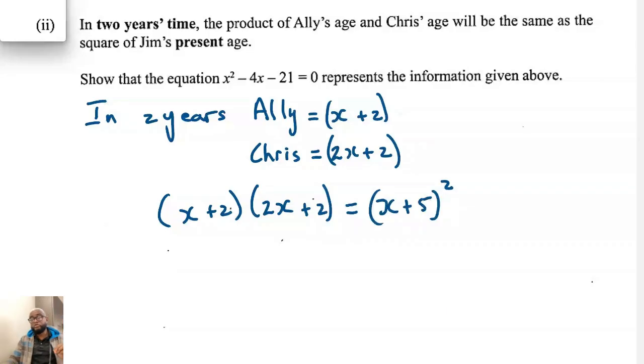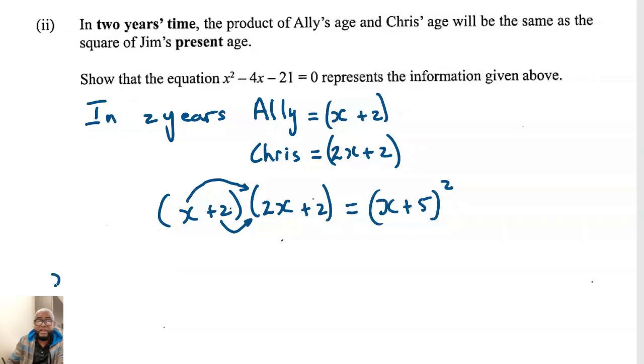So watch it, there are two expansions going on here. I'm going to write this over. Let me do them separately because it might be a lot of working in one. This will be x multiplied by that whole bracket, and then 2 multiplied by that whole bracket.